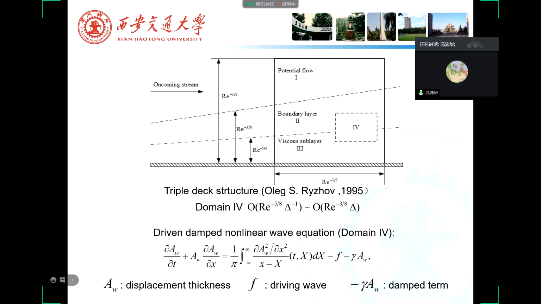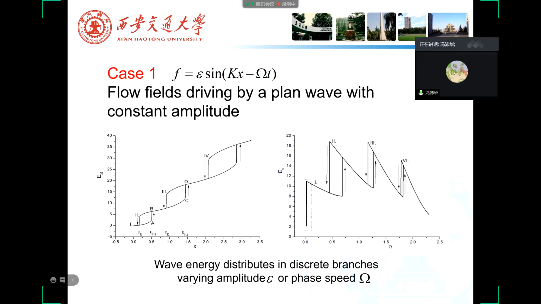This kind of governing equation is derived from the triple deck structure theory, and for the details of this derivation you can see the related papers. Now we can talk directly about our research because of the time limitation.